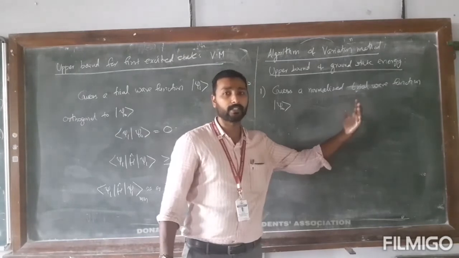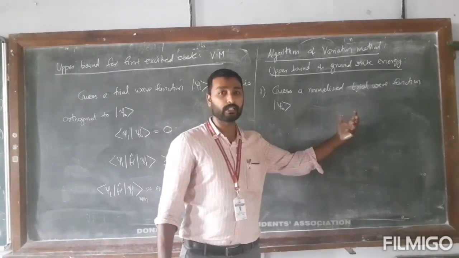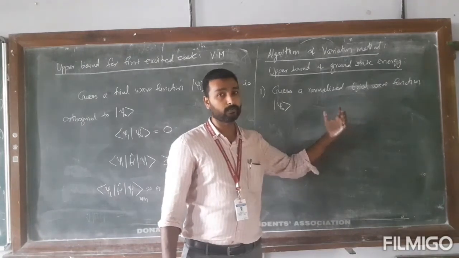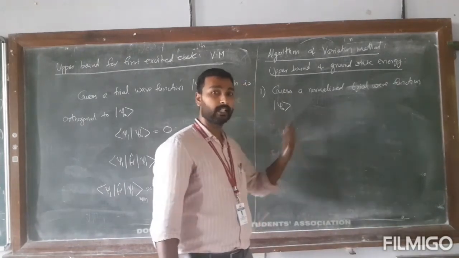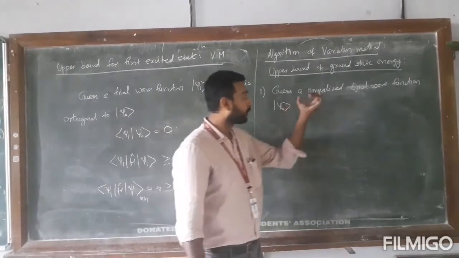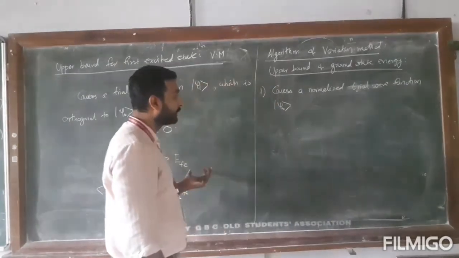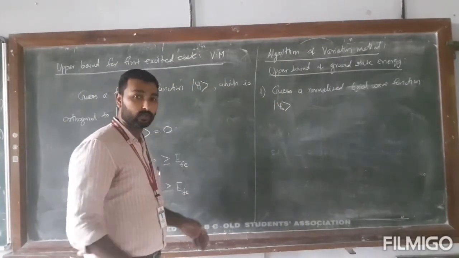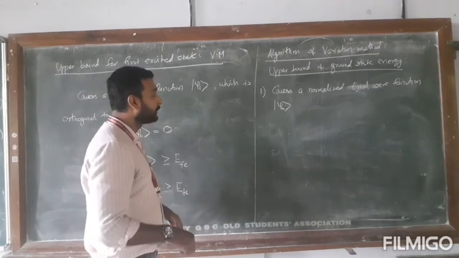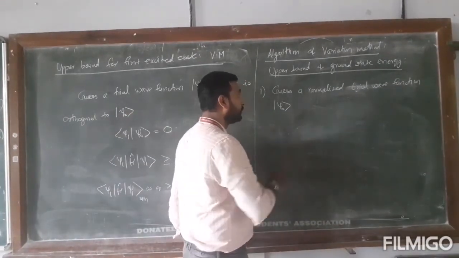You can always normalize it by requiring the integral of the mod square to be equal to 1. So from that information you can normalize any unnormalized wave function. It is not a big issue whether you have a normalized or non-normalized wave function, that doesn't matter at all. You can just divide by the norm. Okay, so that we can do.